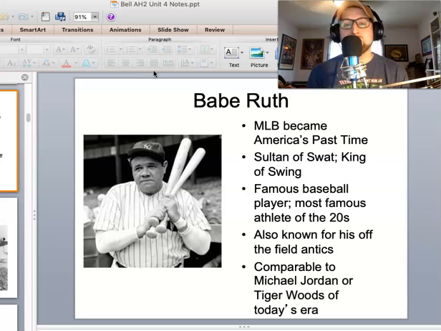And what's really interesting is he befriends Lou Gehrig of the New York Yankees, another Hall of Fame player, and they kind of become like sugar and spice here, because Babe Ruth is out trying to be with all the women that he can, going to all the bars, experimenting with drugs and things of that nature.